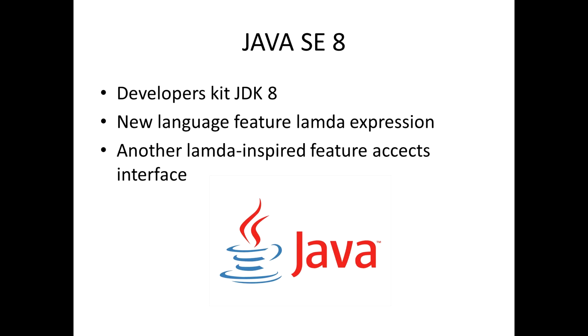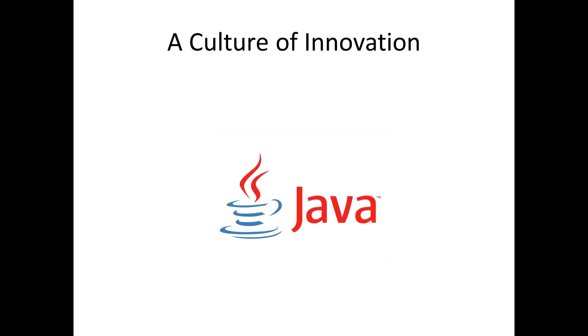So that was Java SE 8, and to end the video, on the culture of innovation, I will wind up with a few important points. Since the beginning, Java has been at the center of a culture of innovation. Its original release redefined programming for the internet. The Java Virtual Machine, JVM, and the bytecode changed the way we think about security and portability.